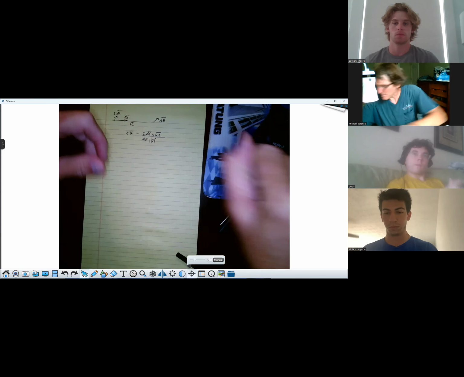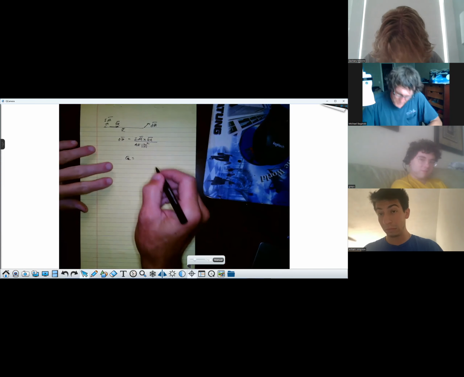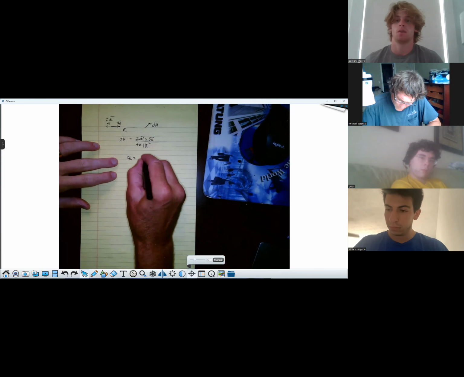Next thing I want to do is say, if we talk about a_R here, the unit vector a_R, it's equal to vector R over magnitude of R. So this equation can be rewritten, and this is the easiest way to think of it.